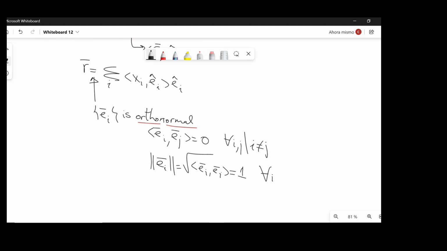Now we need to define what the inner product between vectors is.